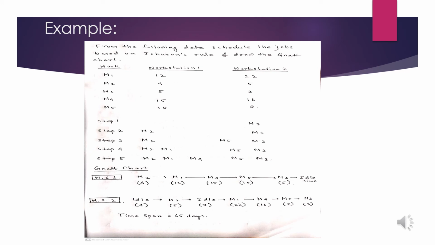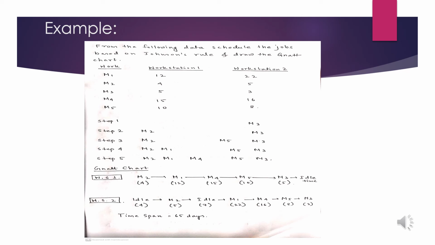And if the shortest processing time of any job is at workstation 2, we need to delay it as long as possible. So we can see here job M3, workstation 2's time is the least among all the times. So the job M3, according to Johnson's rule, needs to be delayed as long as possible.